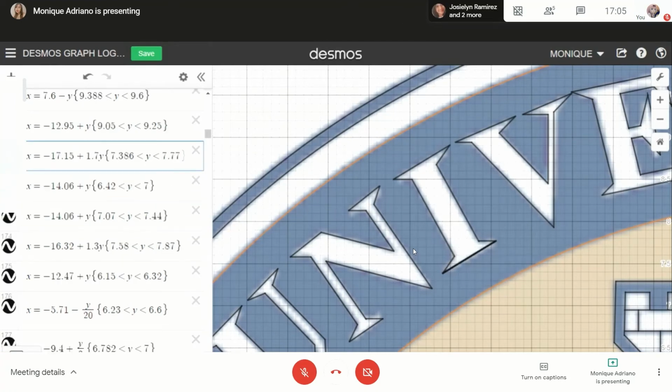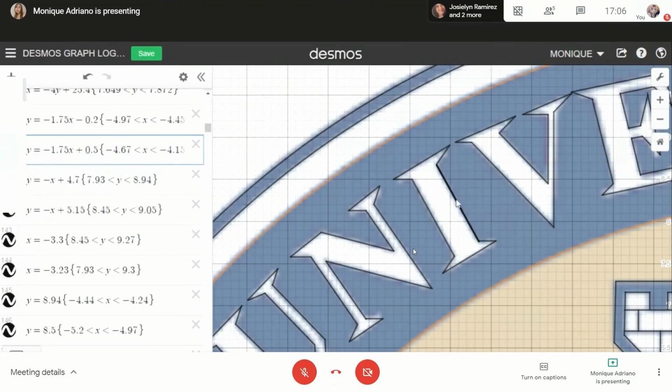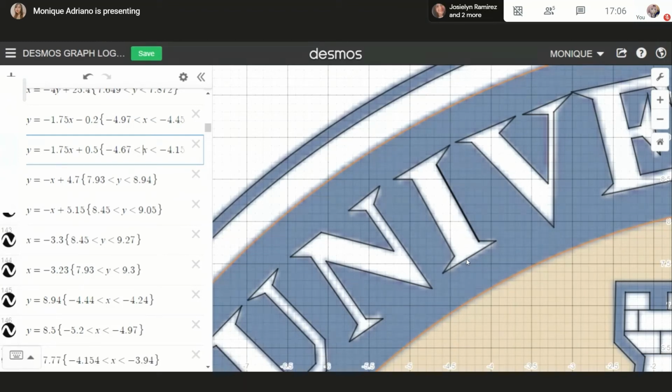And lastly, the lower part, which is the horizontal line, the equation is x equals negative 17.15 plus 1.7y, in the closing brackets y is greater than 7.386 but less than 7.77. While for the right side of the horizontal line, y equals 1.75x plus 0.5, in the closing brackets x is greater than negative 4.67 but less than negative 4.50.